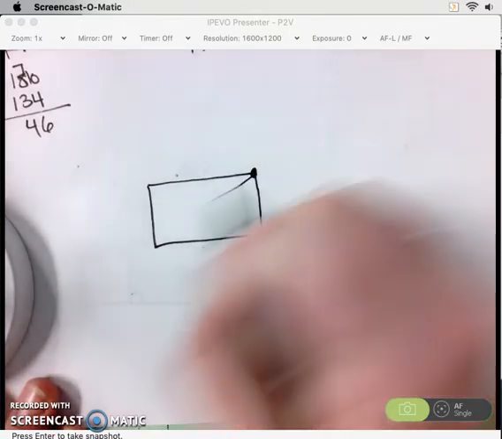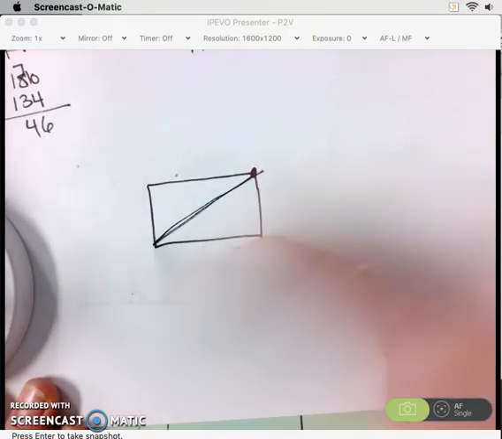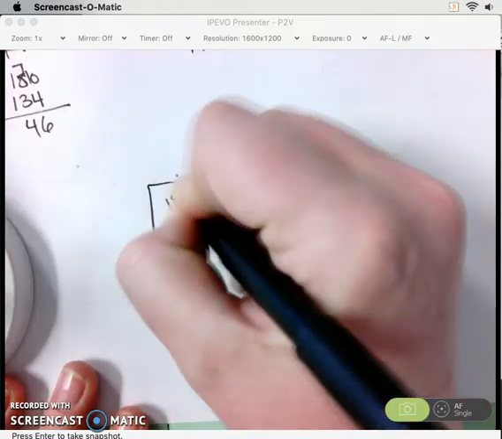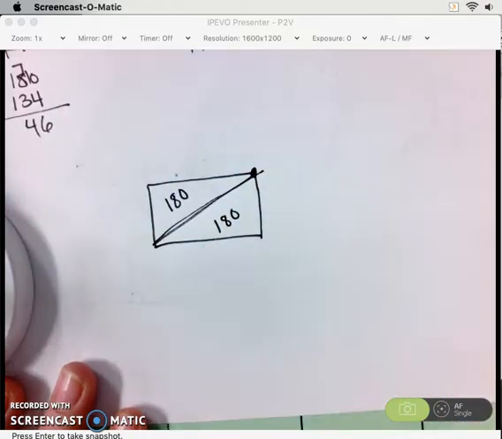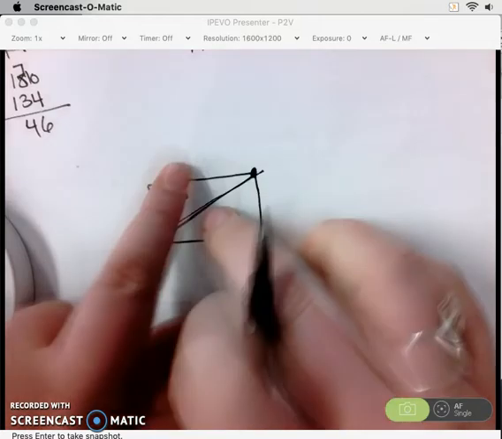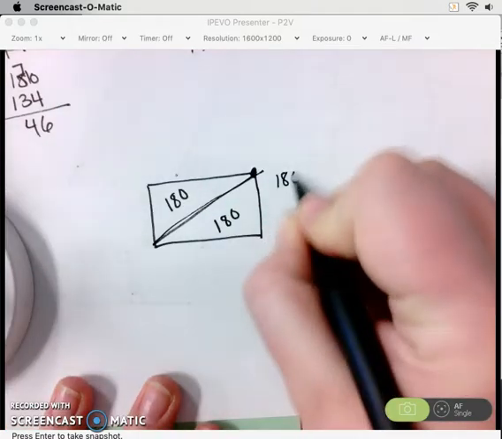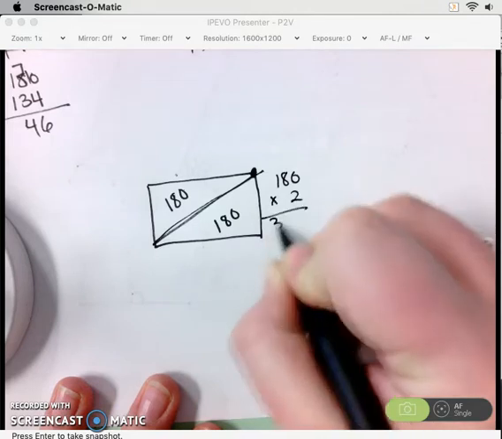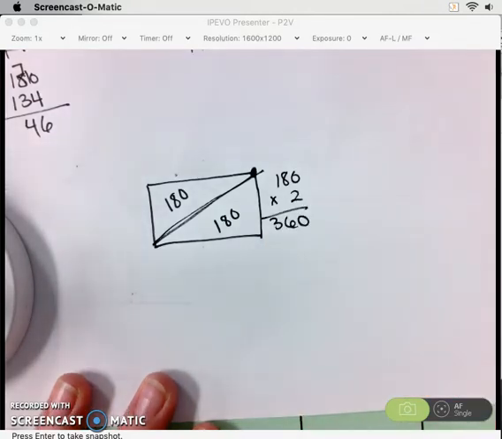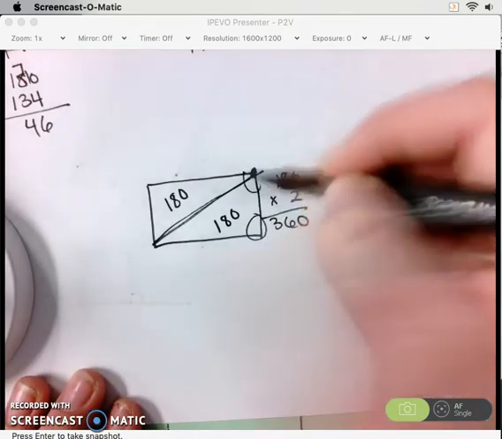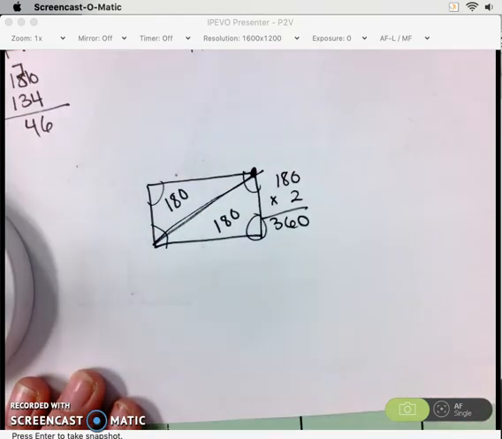But I could connect it to this one, and that's the only one I can connect it to. How many triangles do I have now? I have 2 triangles. This is 180 degrees and this is 180 degrees. However many triangles I make, I multiply by 180. So 180 times 2 is 360 degrees. 360 degrees is the sum of the interior angles, all of those added up.